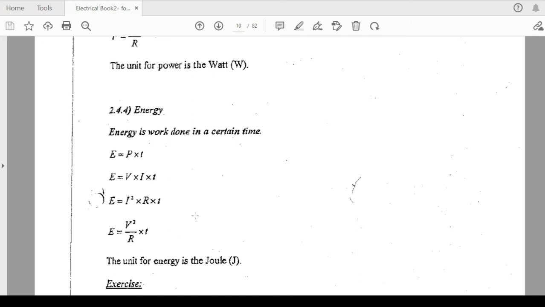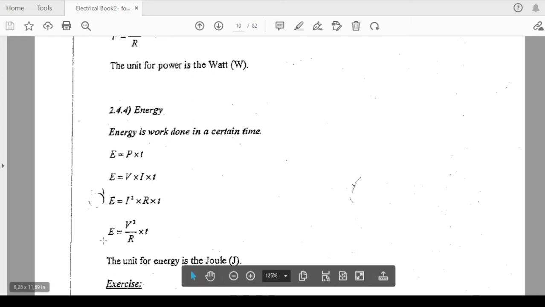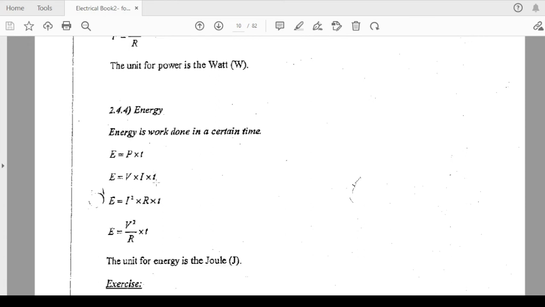So make sure that your time is in hours if you are working with energy in a unit form. But normal energy in joules, you know energy is measured in joules. Make sure that the time is in seconds. If you want the energy in joules, the time must be in seconds.